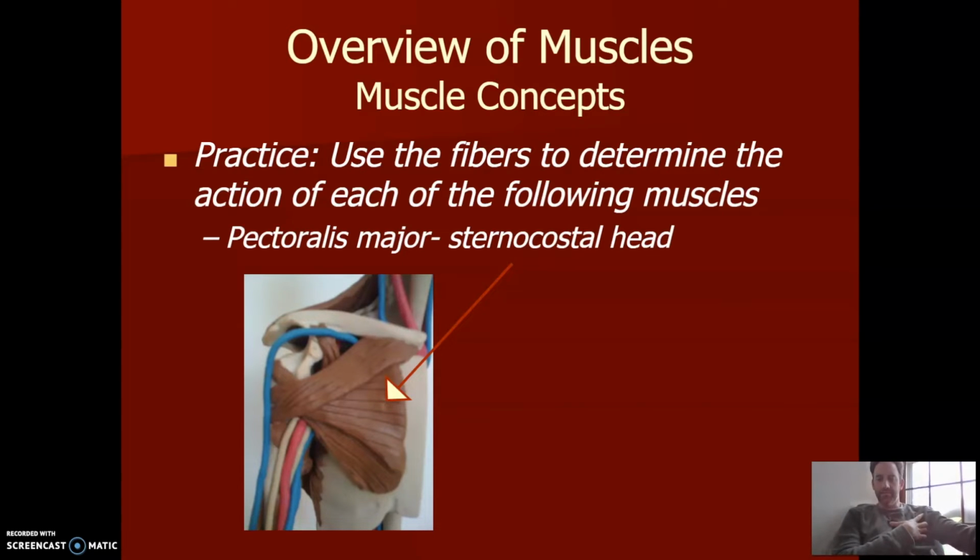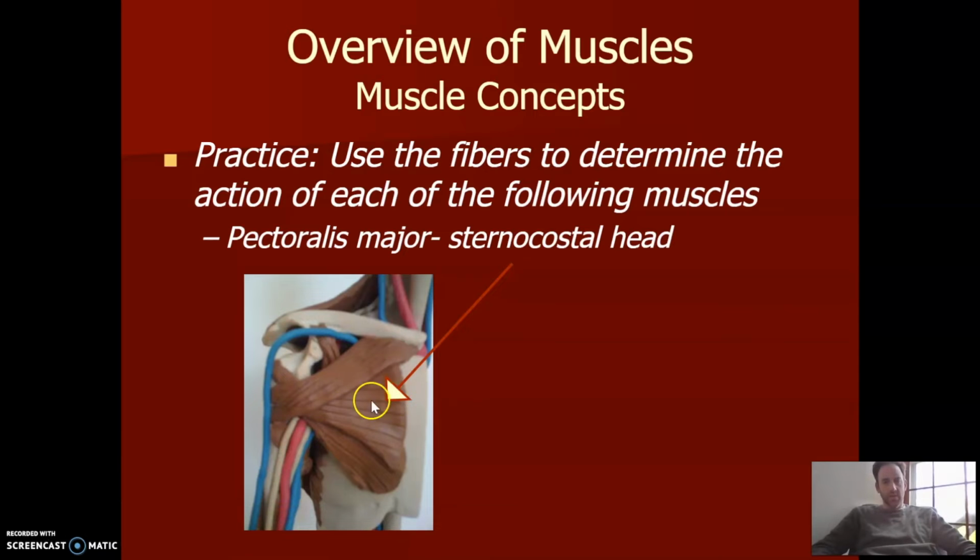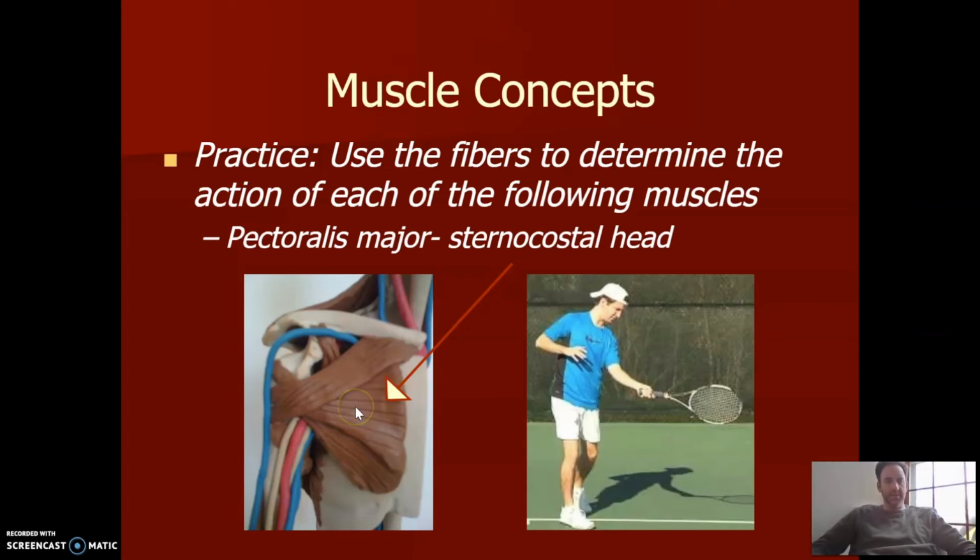When that shortens, that's going to pull my arm in like that. And so if you just imagine these lines here shortening, that's going to pull the arm in. And so you can use these lines to figure out what kind of movement is going to be made. So that one we did together is like a tennis swing.